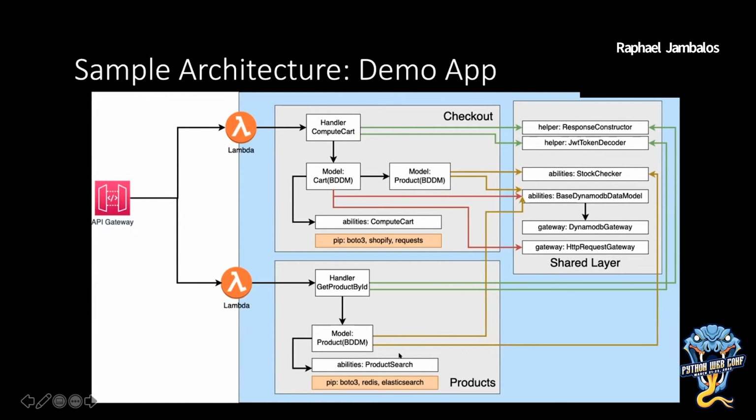But if you don't need to inherit it, just put it in your own service, which is the product service. So you don't put the model inside the shared layer. That's a recipe for disaster. You just inherit abilities that are common to both copies of product. In terms of gateways, put all of your gateways in the shared layer. In terms of helpers, put all your helpers in the shared layer. You might need them.